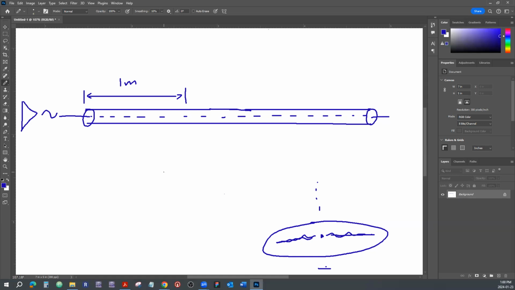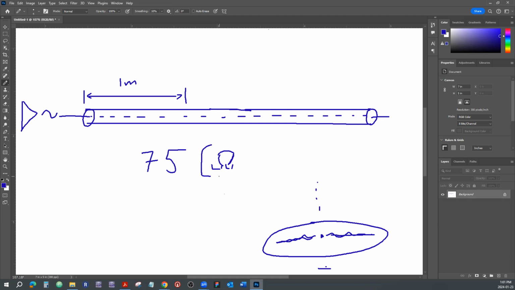Now, there are two impedances that we use in the industry. One is 75, and the impedance is measured in ohms, same as resistance.